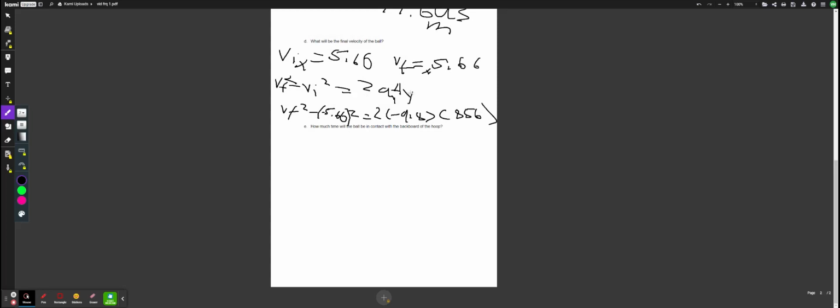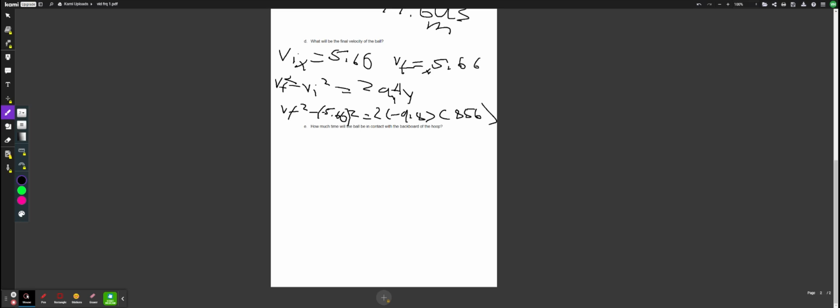Okay, I'm just going to move my work over to this other tab, since I don't have any more space. So now we have the equation vf squared minus negative 5.66 squared, but a negative squared will become a positive. So negative 5.66 squared is equal to 32.056.